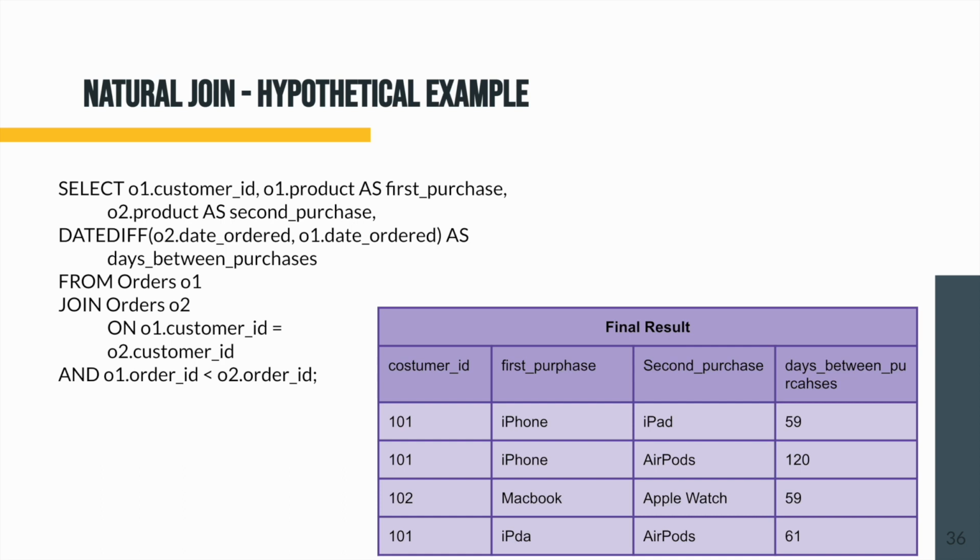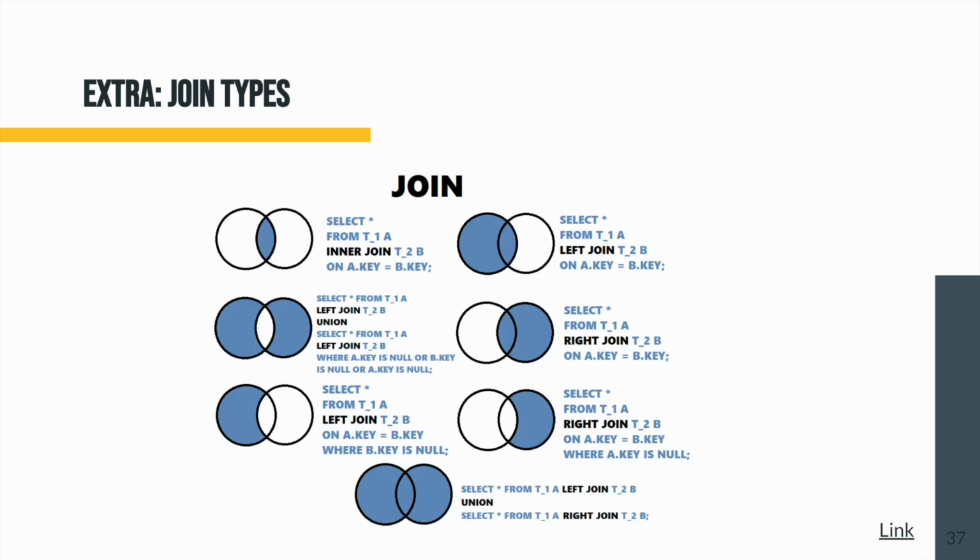So this is just a hypothetical example to showcase why you would want to use a self join. Again, I highly suggest you practice these, play around with them, change a few things, and see what works and what doesn't. I think that's the best way to learn. I also wanted to show this as an example if you were ever curious.